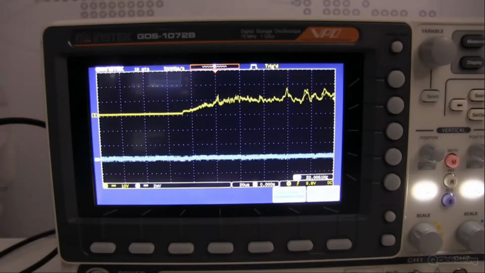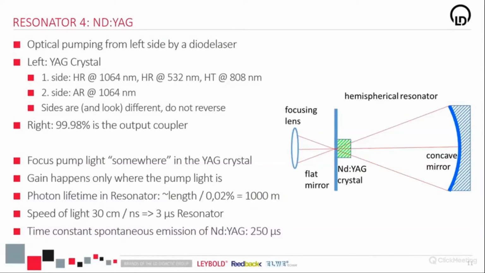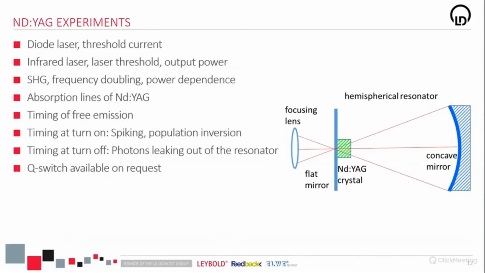And so we'd like to do a short sum up of the neodymium YAG, which is this structure. You will get this whole document as a PDF in a minute. And so we can talk about the threshold of every system. We can talk about the absorption lines of neodymium YAG.